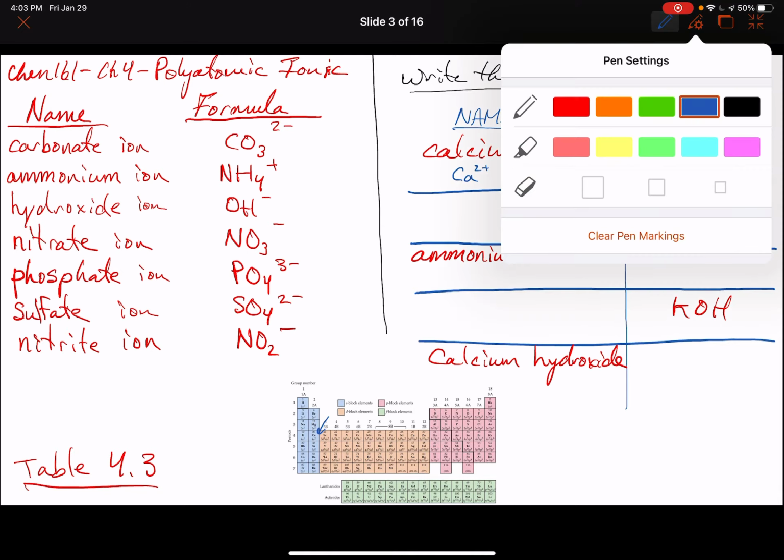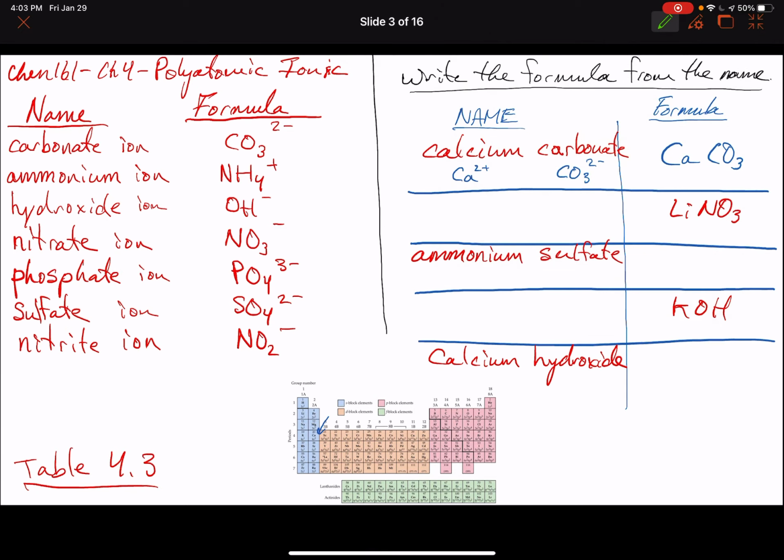And as we've done previously, we can think about dropping down charges and simplifying to the version of the formula that is best. So when we do this, we would momentarily have subscript 2 and subscript 2, whereas the right subscript 2 that would be here acts on the whole structure.